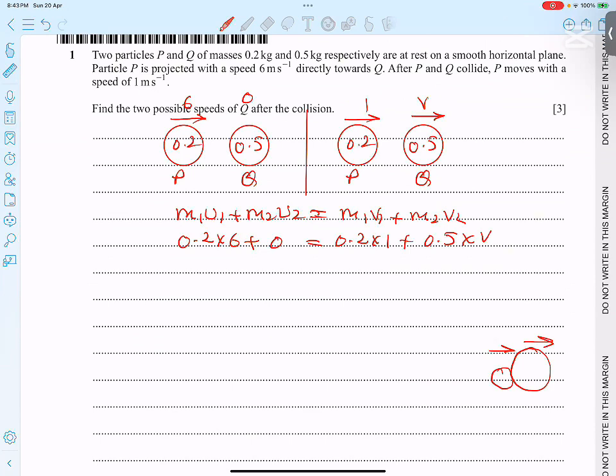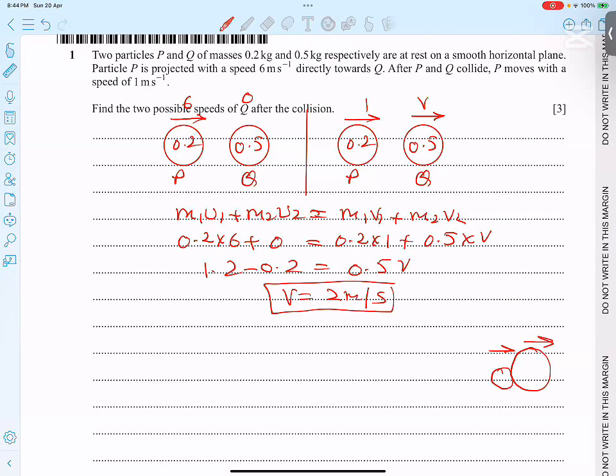When I check, 0.2 into 6 becomes 1.2, minus 0.2 equals 0.5V. When I check in the calculator, I'm getting the first answer very clearly: 2 meters per second.